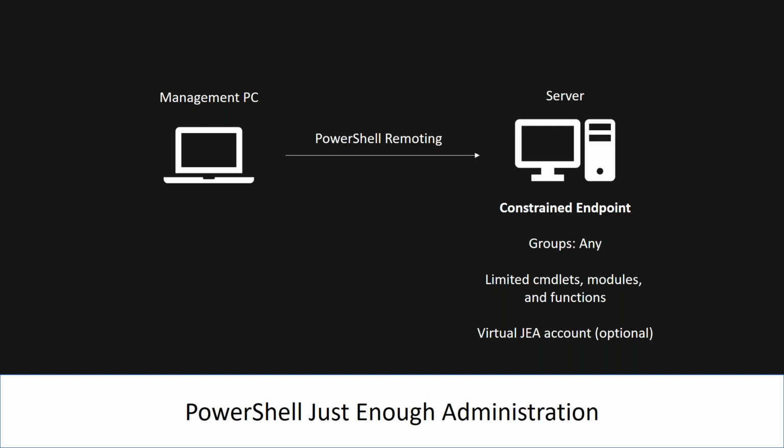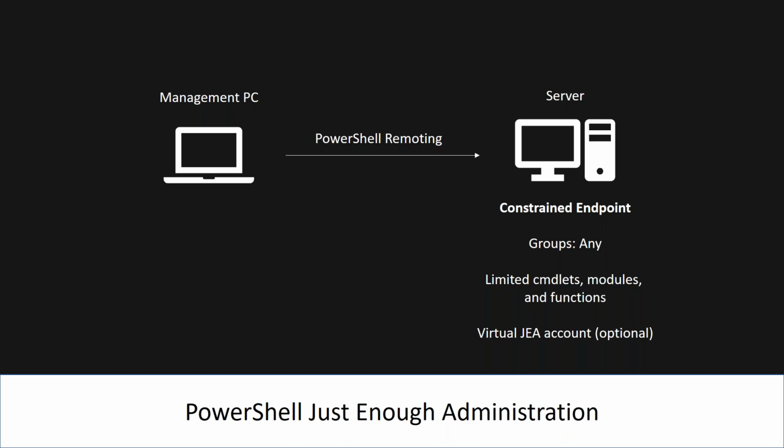So they will need permission, for instance, to restart a service if that's how they're connecting to the endpoint. But you can also set up endpoints so that users enter their own username and password, but on the remote server, all the actions and commands that they run are run elevated as a local administrator. And this is called a virtual Just Enough Administration account.